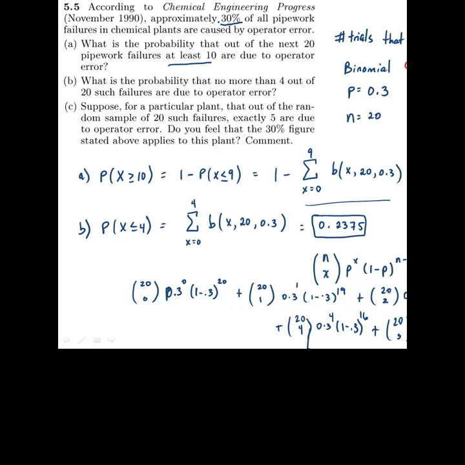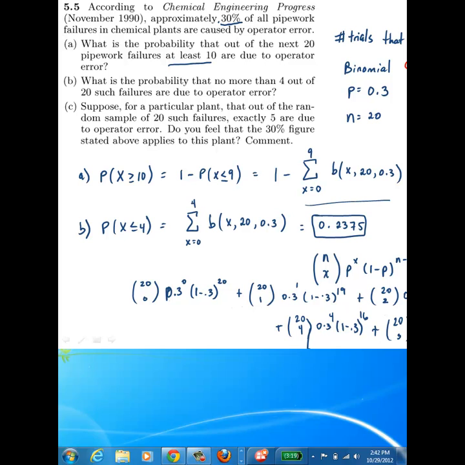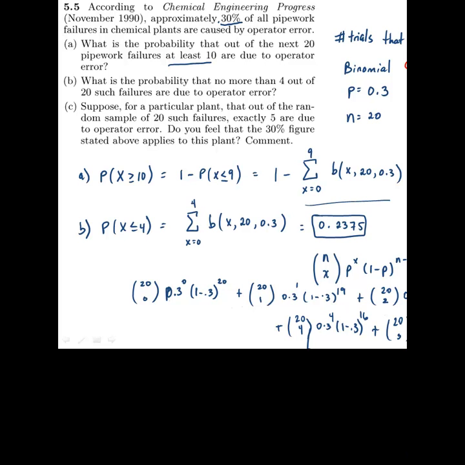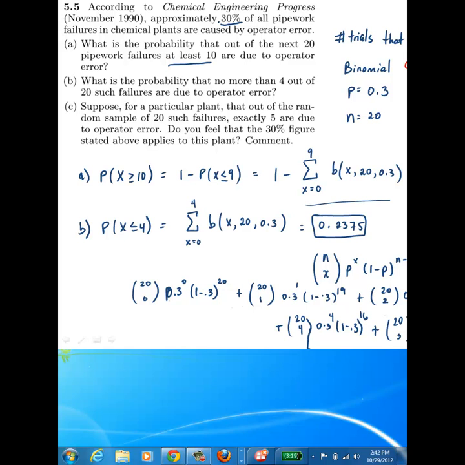So in this case, maybe it will be better to use the formula, but you can also solve this using the table. And I'm going to show you how. So the probability of x equals 5, you're referring to a binomial where we have 20 observations and the probability equals 0.3.